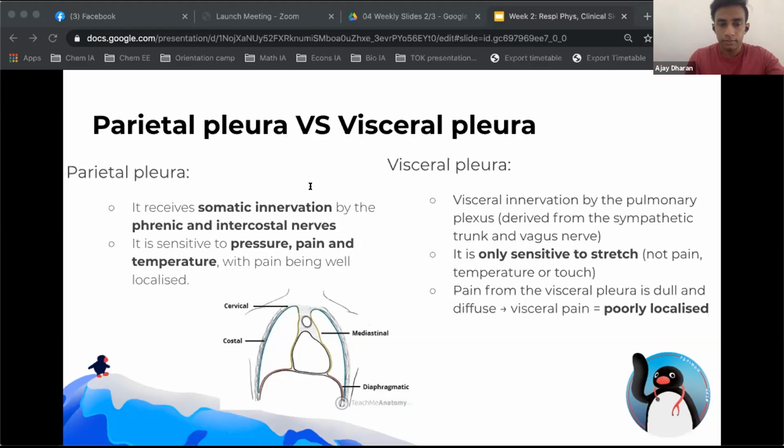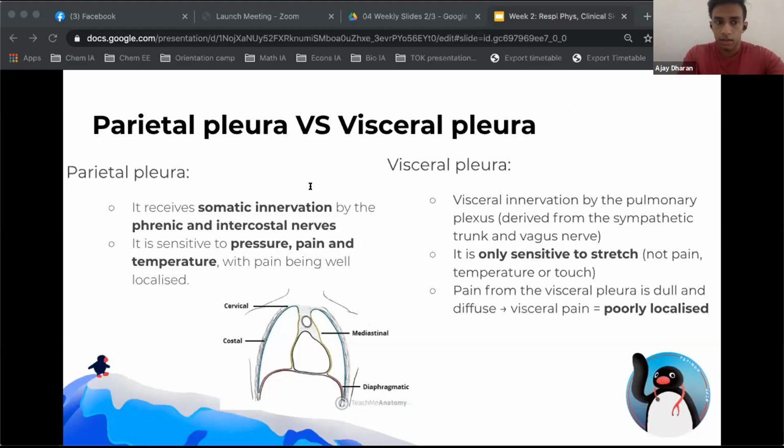Pain from this area can refer to different areas due to the varied innervation of different parts of the parietal pleura. Let's focus on the cervical pleura. Your cervical area is actually your T1, and your T1 dermatome is basically the medial side of your arm, so pain can be referred there. Costal pleura, that's your T2 to T10, and that's basically chest pain.